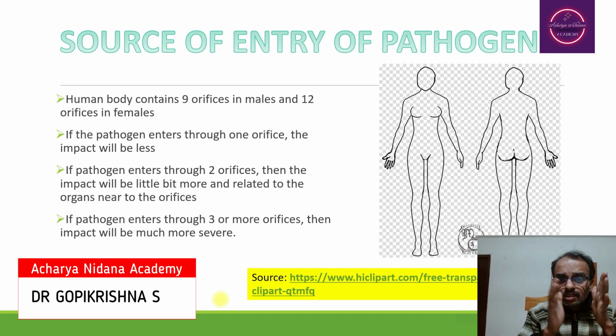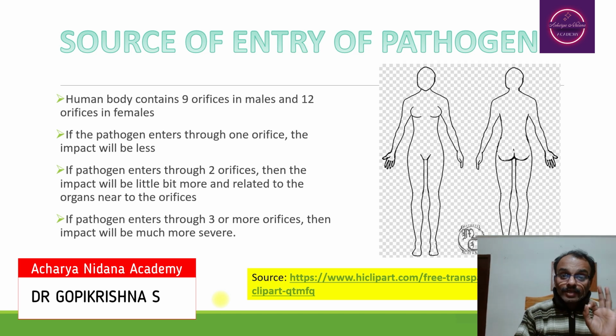All these are considered to be sources of entry of pathogens through the anus. In other words, depending upon the source of entry of the pathogen into the different natural orifices, we can have clinical manifestations from those particular organs which are nearest to the pathogen entry.